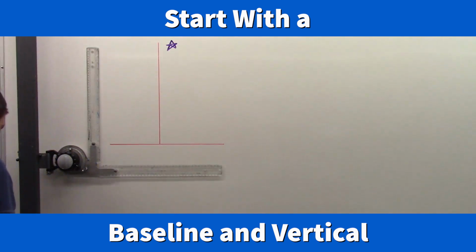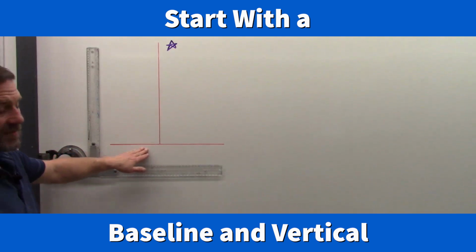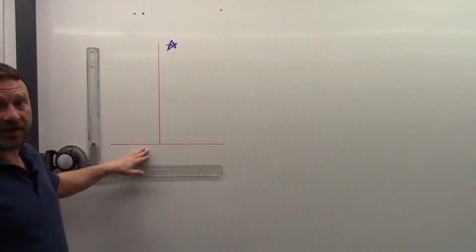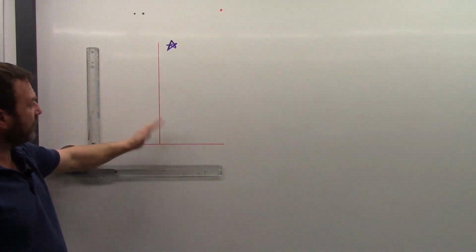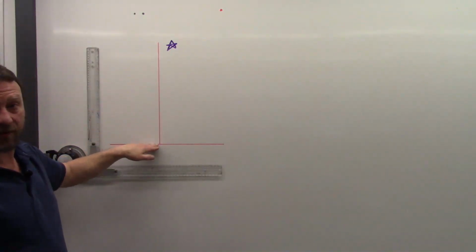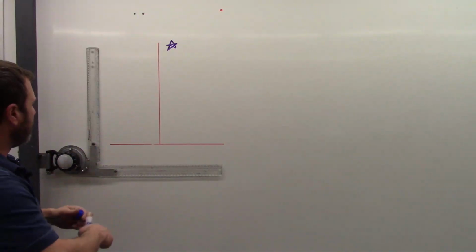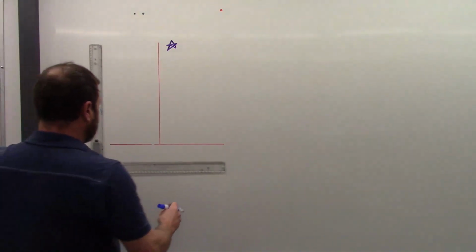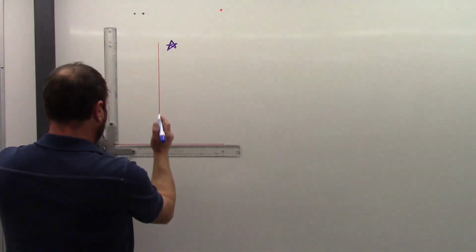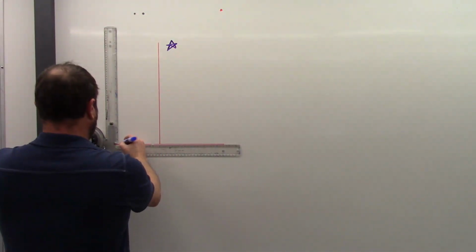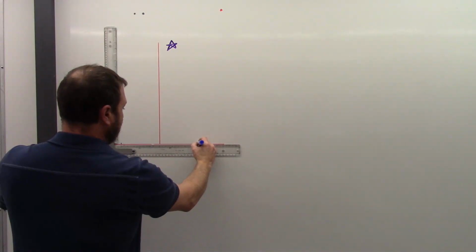If we start our development off that, you're going to be given a base dimension, you're going to be given a size down here, and you're going to be given a height of some sort. And that's our X and Y that we can work off of our baseline and height here. So I'm going to mark out my size. Let's go here, and I just tick off each end.